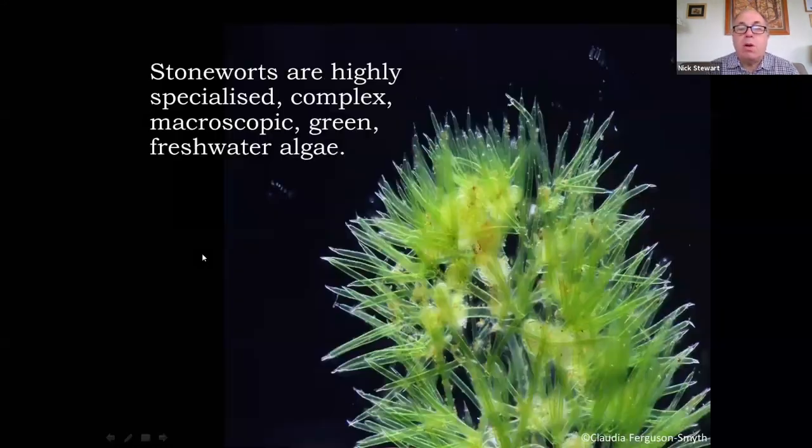So to start with, what are stoneworts? They are a group of very specialized, complex algae, mostly freshwater, a few in brackish water, but not marine. And they vary very considerably in size.